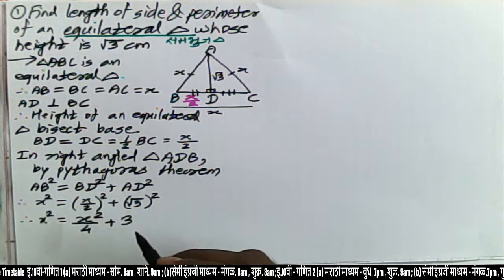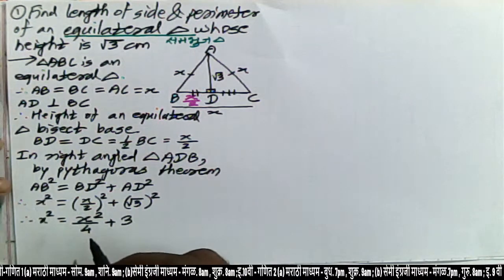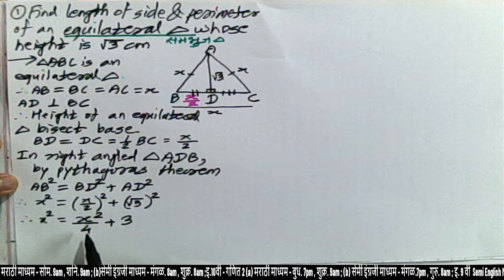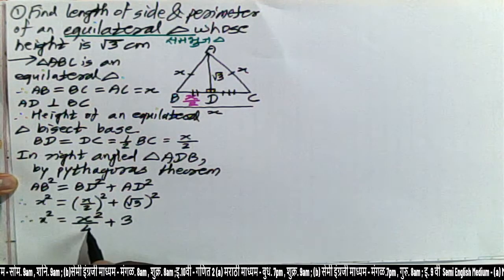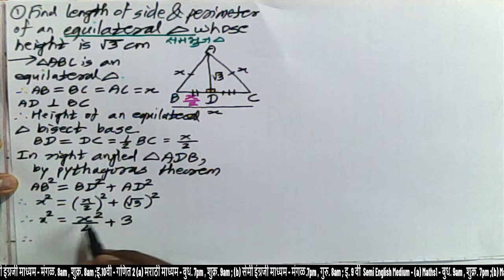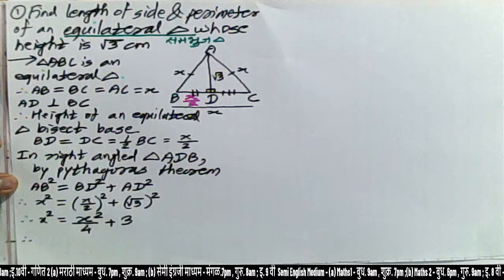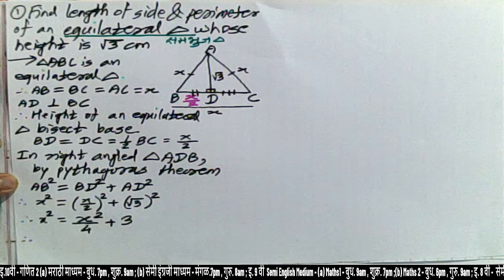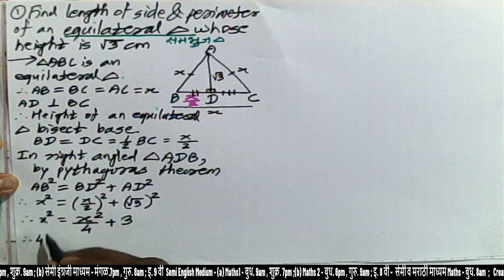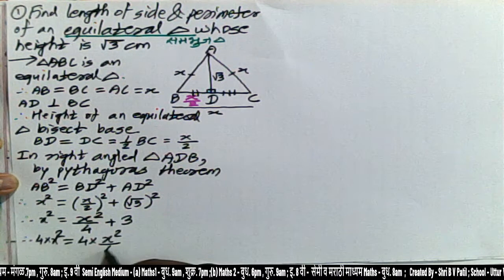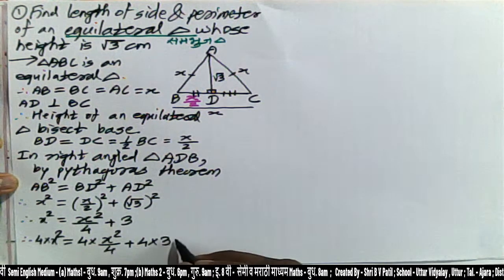Then remove the denominator by multiplying by 4 to each term. What do we get? 4 into x square is equal to 4 into x square divided by 4 plus 4 into 3.